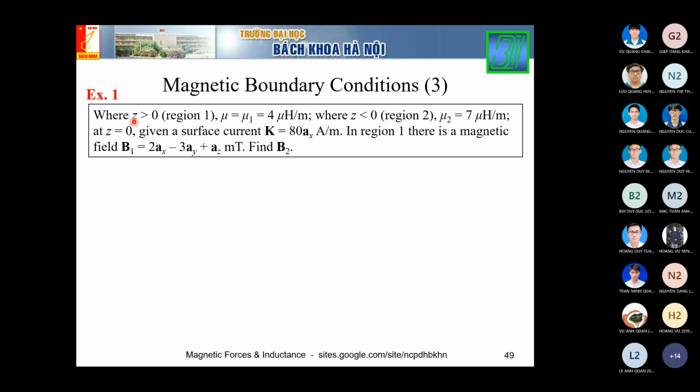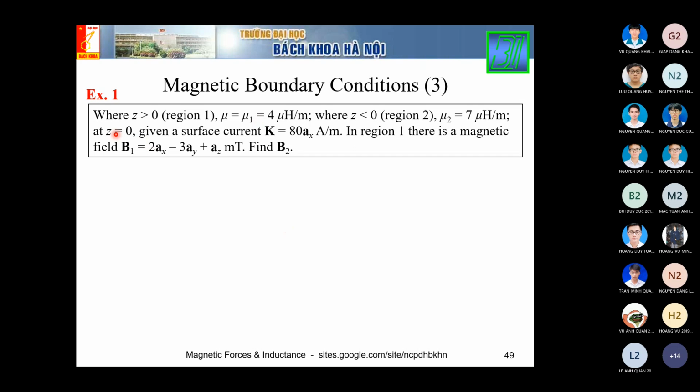When z is positive, we have region number 1 with the corresponding relative permeability of 4. And when z is negative, we have the second region. By reading this, you can figure out that the boundary separating the two regions is the XY plane.